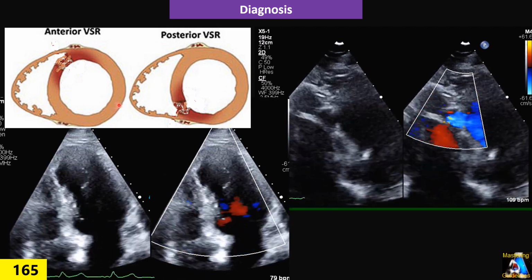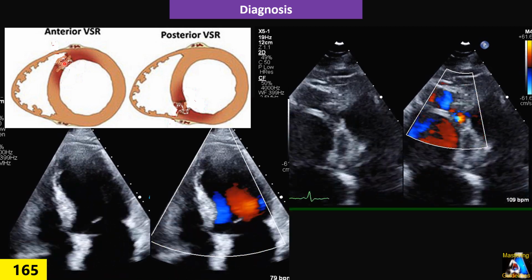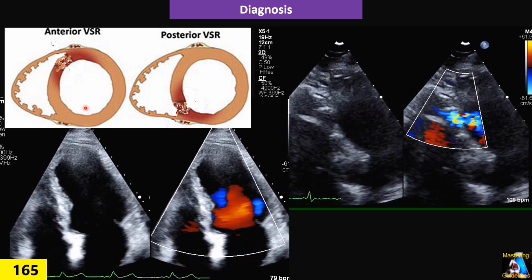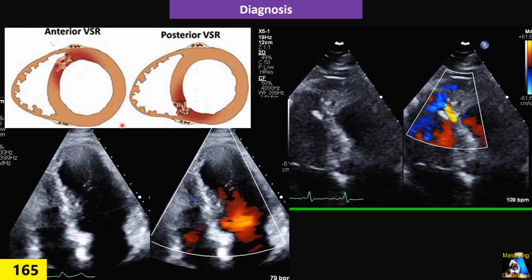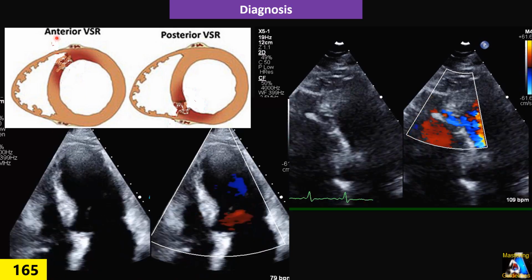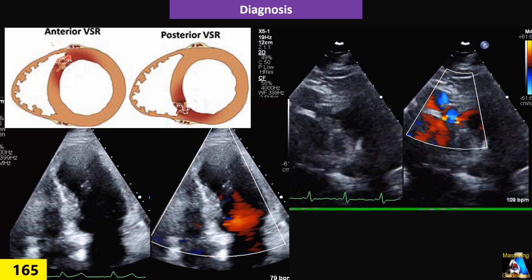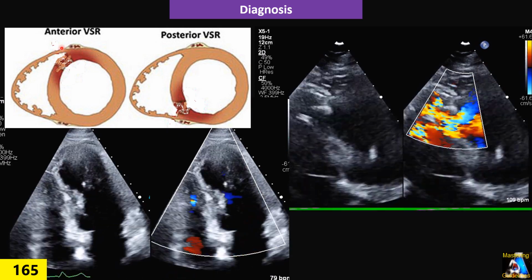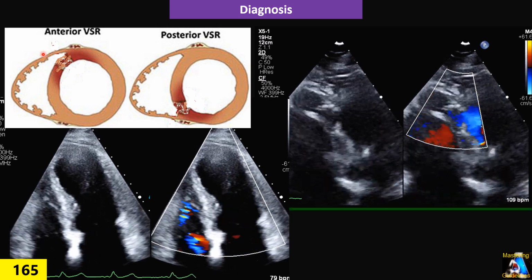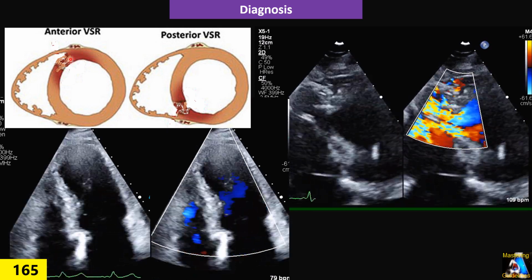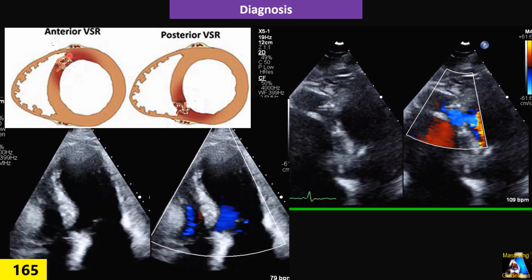As you can see here, if we have it at the anterior apex, exactly this one, we don't see papillary muscle at this level, and many times close to the apex the apical view doesn't give us a very clear picture, and we can miss the jet because it's close to the interventricular septum at the junction of the right ventricle, so we can miss it very easily.